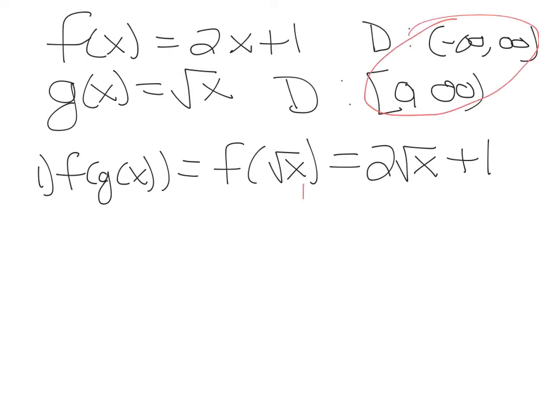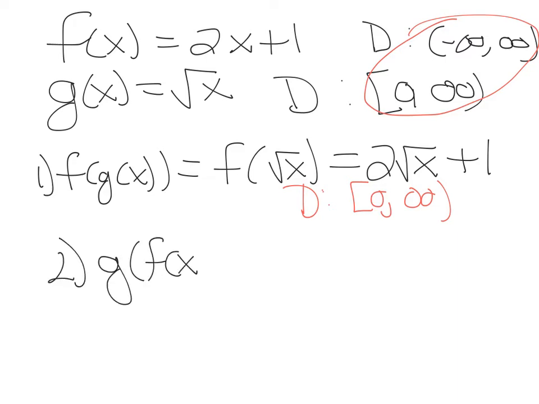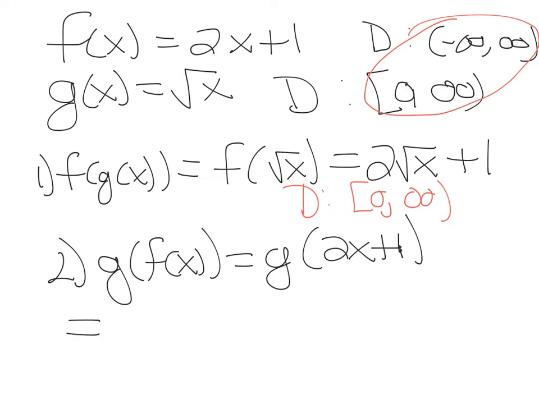And so my domain for my new function here is going to be from 0 to infinity. Number 2 wants you to compute g of f of x. So g of 2x plus 1. And so that's going to get me the square root of 2x plus 1.